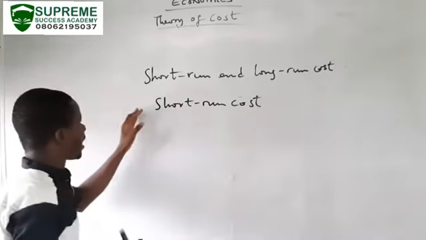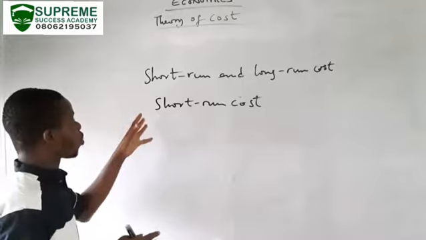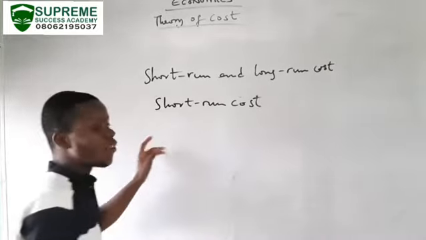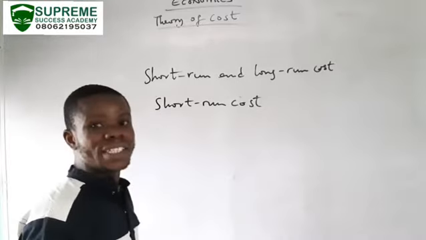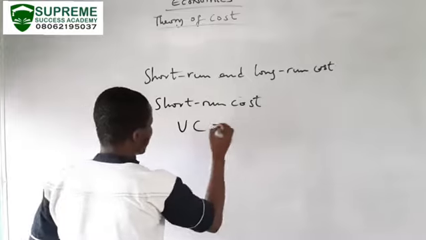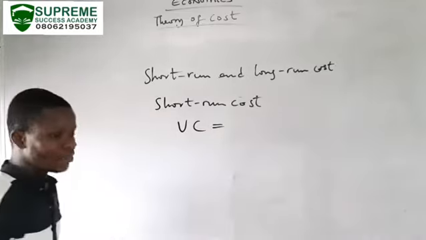In a situation like this, for a firm to continue in operation, the firm must always cover its variable cost. That is, the variable cost of the firm must always be covered.